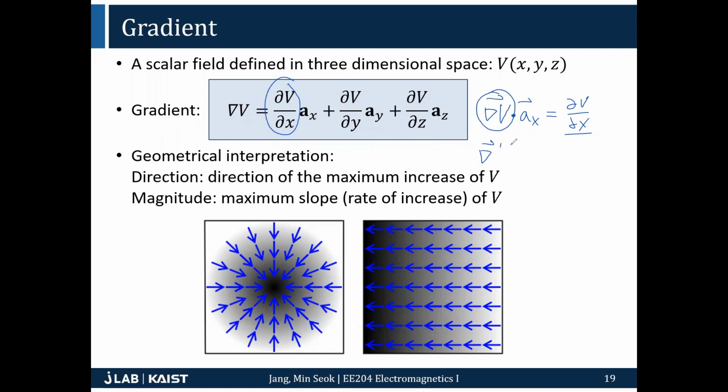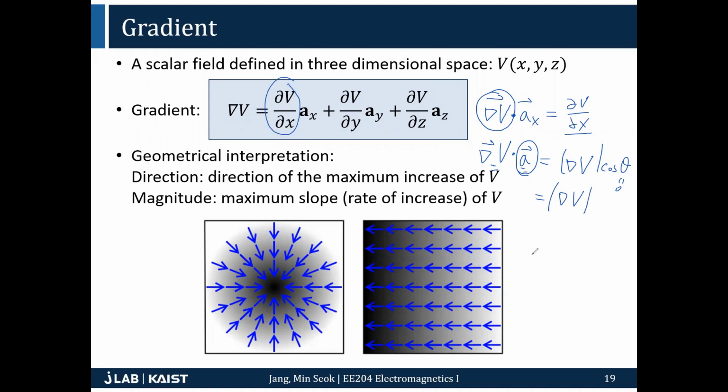So let's say you have an arbitrary unit vector, then the magnitude of this is defined as this times cosine theta, right? Theta is the angle between this and that. So if cosine theta is 1, then it's maximized, and the maximum value is the magnitude of gradient of v.